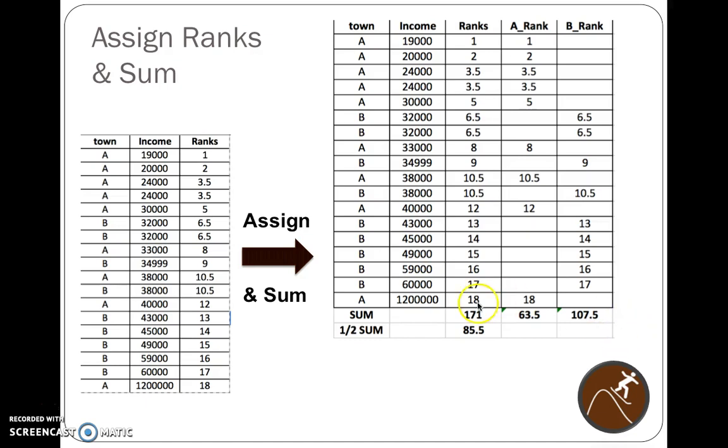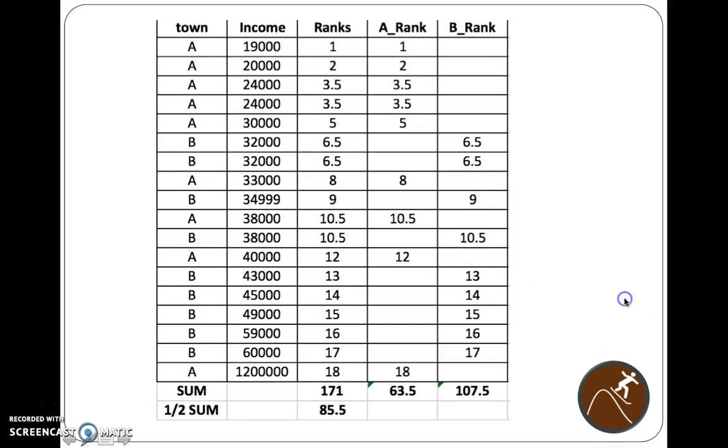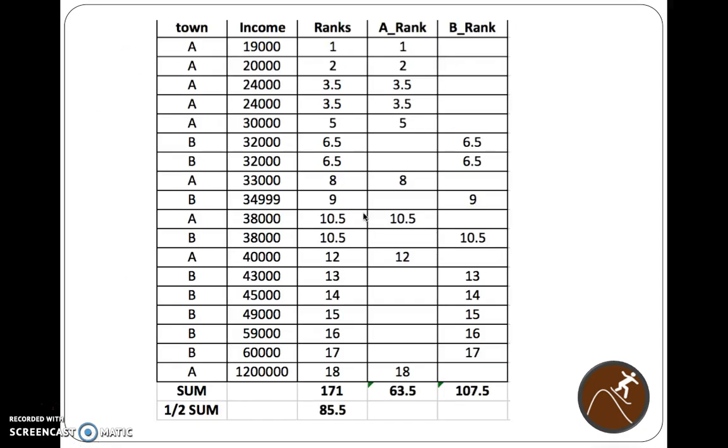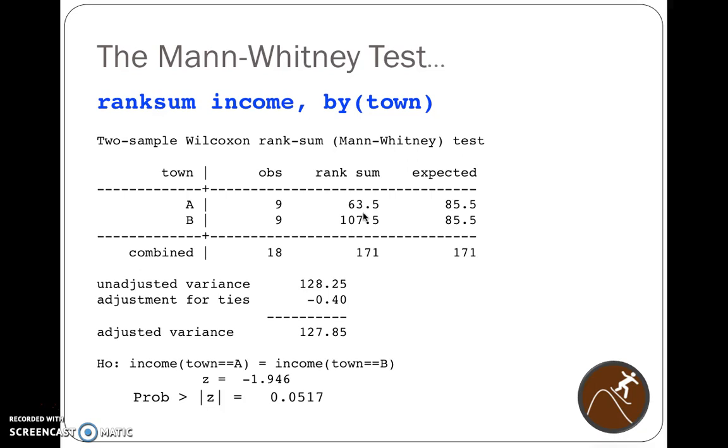All right, so moving forward, we see 171 and 85.5 is the halfway point. What did the software predict? The software said we should have a rank sum of 171. We see the software said we have a 63.5. We see the software say for B we should have 107.5. We can go back and look, and guess what? That's what those add up to.